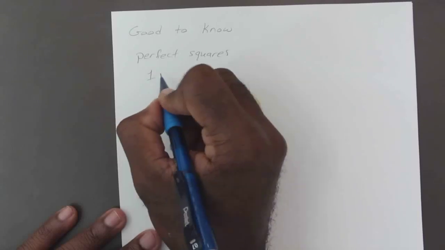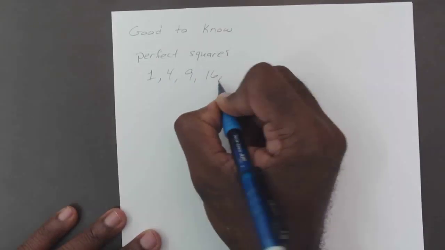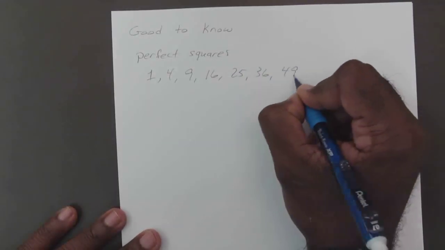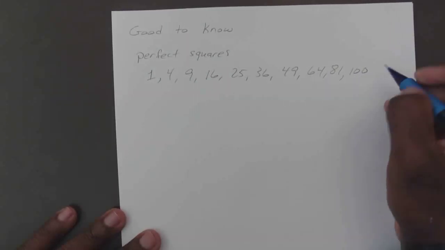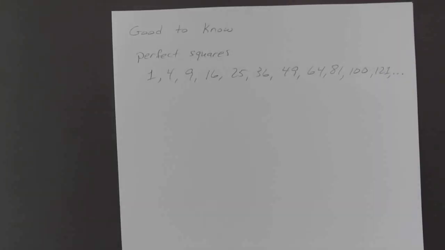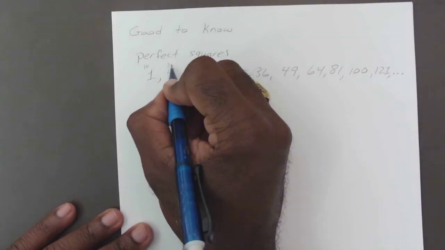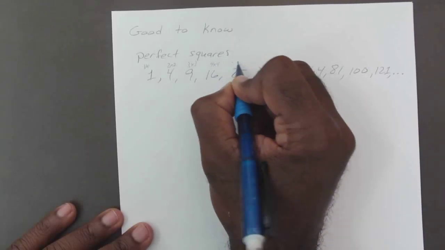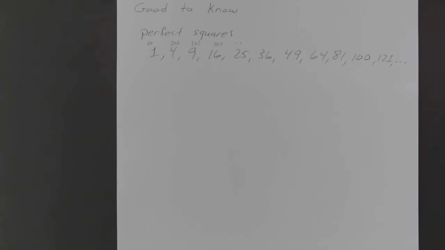Remember, 1 times 1 is 1. 2 times 2 is 4. 3 times 3 is 9. 4 and 4 is 16. 25, 36, 49, 64, 81, 100, 121, and it keeps on going. Remember, this is just your 1 times 1, 2 times 2, 3 times 3, 4 times 4, etc. Okay, those are all your perfect squares.